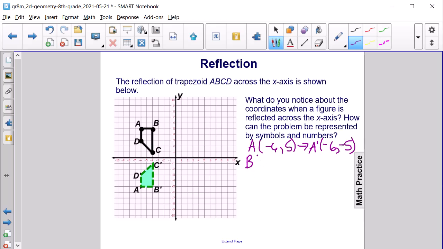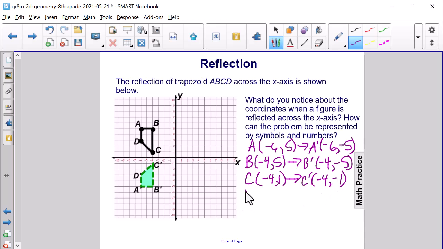Point B is at -4, 5, and point B prime is at -4, -5. Point C is at -4, 1, and point C prime is at -4, -1. And our last point, point D, is at -6, 3, and point D prime is at -6, -3.